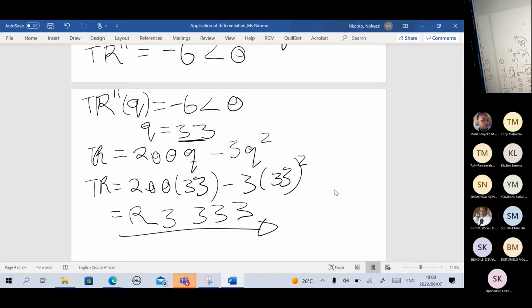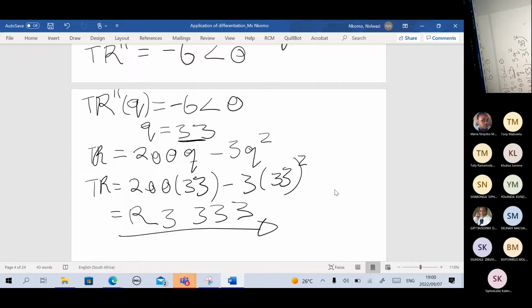Or you will be given Q, which is the quantity, and they will ask whether it will be at maximum or minimum. Or again, they will ask you about the total cost, but you do the same thing. You'll follow the same steps.